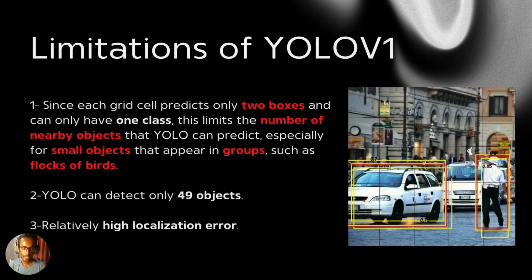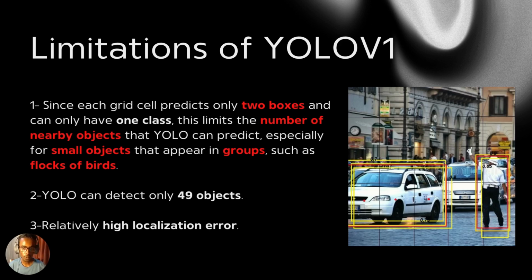Since each grid cell predicts only 2 boxes, because each cell is just responsible for predicting one object and can only have one class, this limits the number of nearby objects that YOLO can predict, especially small objects that appear in groups such as flocks of birds.